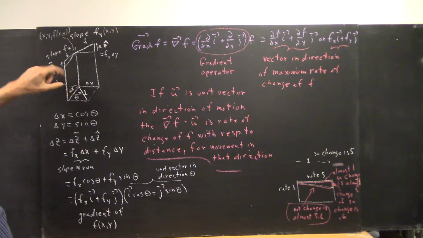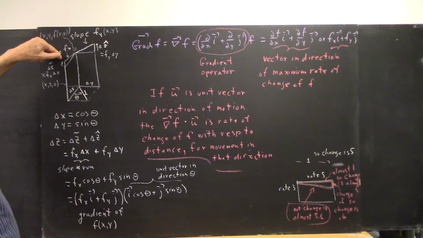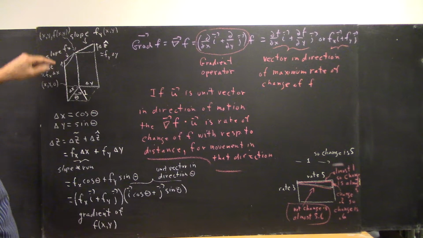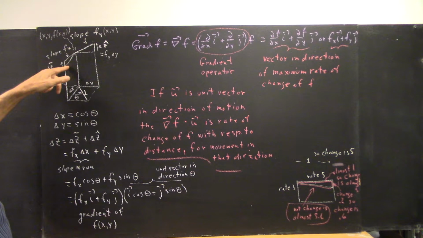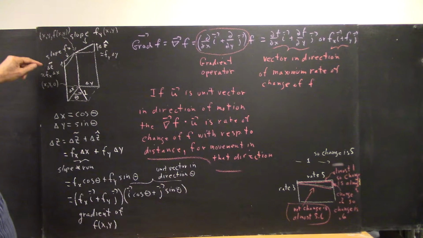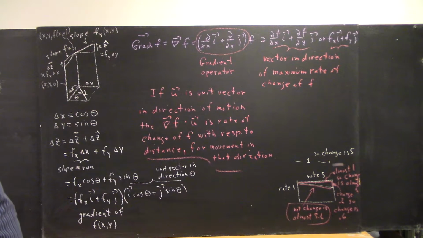This rectangle here is part of that plane, and we have a slope in this direction. And the change in z due to this slope is equal to that slope times the run. The run is your delta x, so that we have a delta z here, which we call delta z hat, approximately equal to fx times delta x.